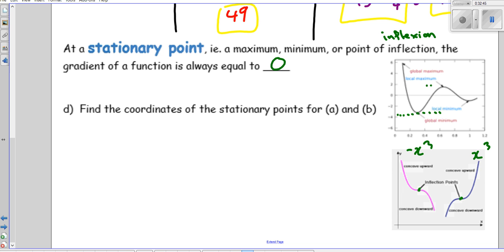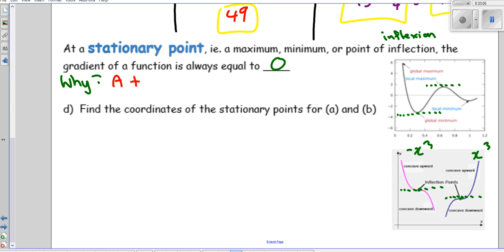So another reason is, the tangent at a stationary point is a horizontal line, and horizontal lines have gradients of 0. Same with these little ones. Their little tangent would look like that. A tangent drawn at these points is maybe an important picture, right?